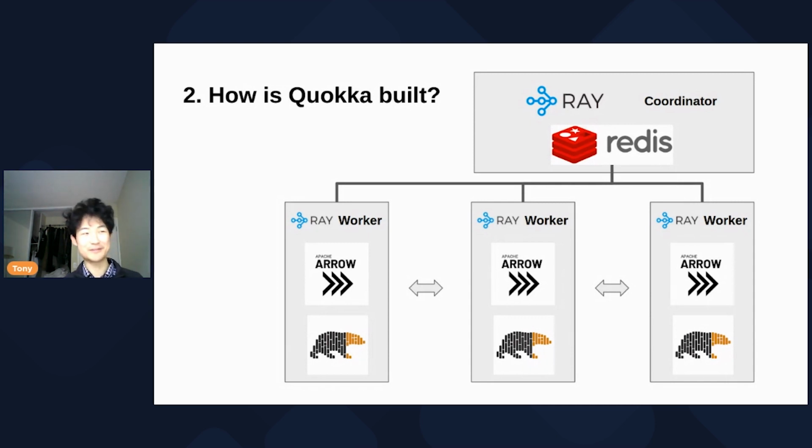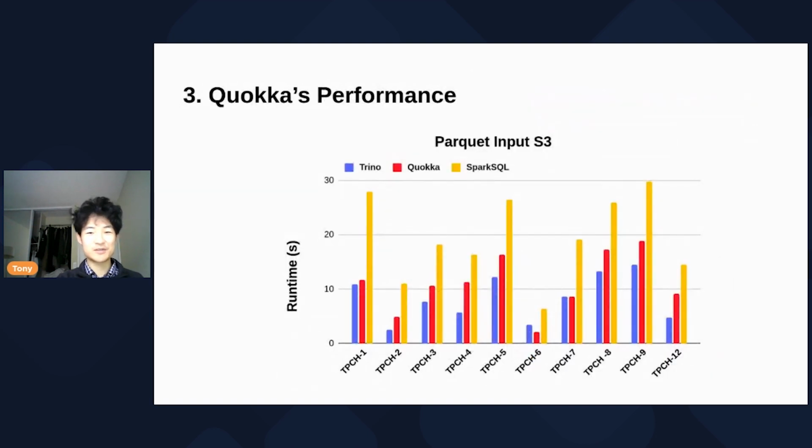And you have a distributed Python-based data frame system. Another way to think about what Quokka is: maybe distributed Polars. If you take Polars locally and try to make it distributed across multiple machines, this is what you'd get.